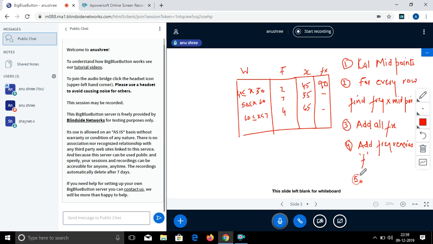And fifth is you have to divide fx. Is this clear? So calculate this for this table. Complete this table. For this table, follow all these steps and give me the value of mean.